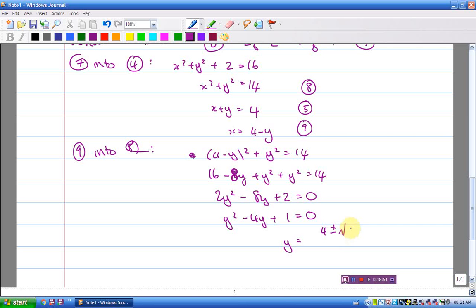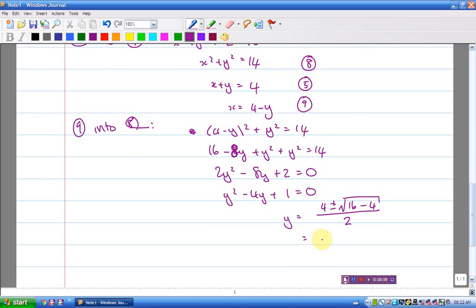Come on. B squared minus 4ac. 12 is 4 times 3, so you can pull the 4 out, and so this becomes 2 plus or minus root 3. Phew!